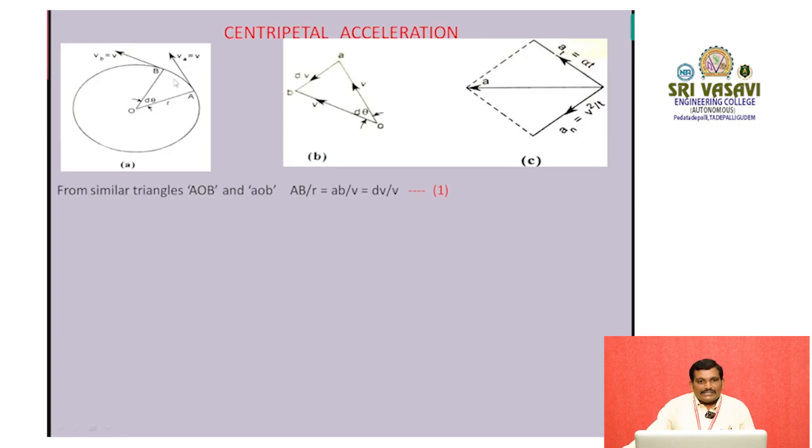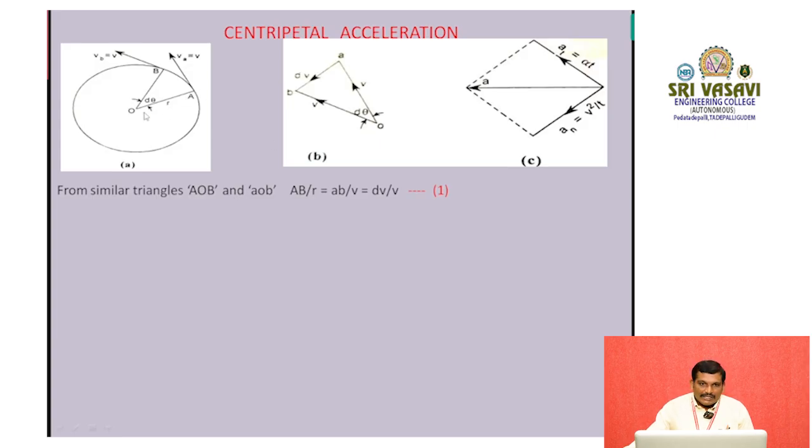To evaluate the centripetal acceleration, here the body is moving from A to B through a small angle delta theta along a circular path shown in figure A. The velocity diagram B shows that the vector ab represents change in velocity dv. This is directed towards the center. Since delta theta is very small, it may be considered equal to the chord length.